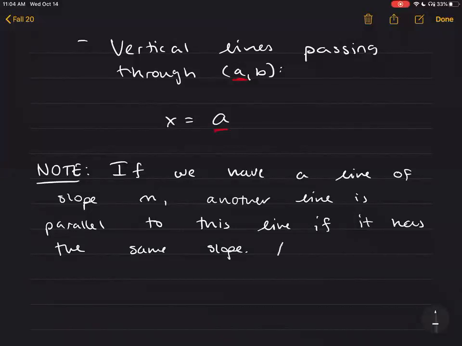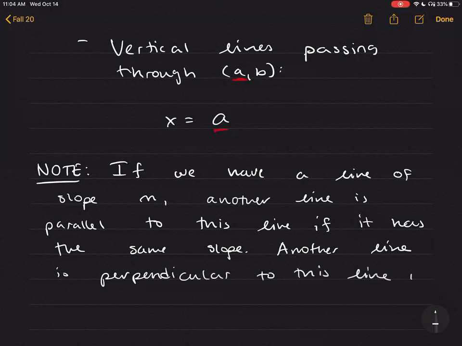So another line is perpendicular to this line if it has slope -1/m.